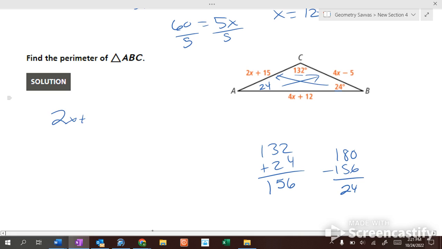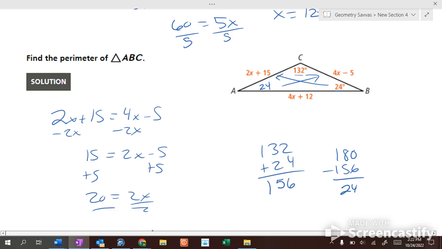So 2x plus 15 is equal to 4x minus 5. Subtract 2x from each side. 15 equals 2x minus 5. What do we do to each side? Add 5. 20 equals 2x. Divide by 2. X equals 10.